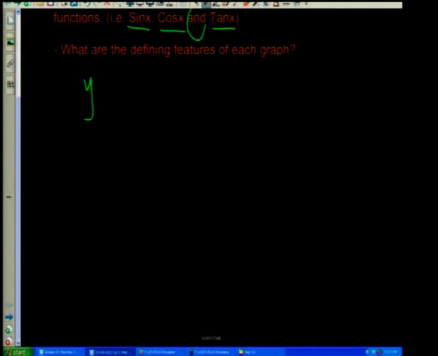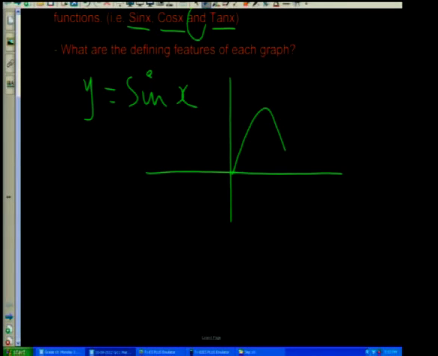If I had y equal to sine x as a parent graph, I'm not going to go through the whole thing of tabulating the values. I'm just going to draw it right away. I'm sure you know the shape. It starts off by increasing, then decreases until 360.